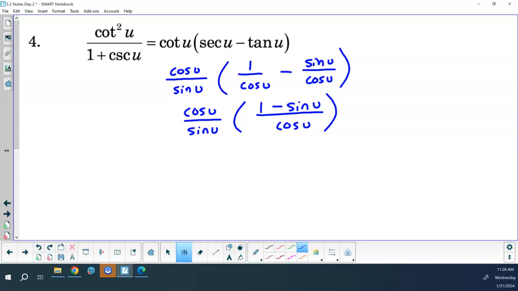Cosines kind of cancel each other out, right? Okay. But in this particular problem, resist the urge. Okay? Because then you're just going to get 1 minus sine over sine, which is just secant minus 1. Right? Okay? So can't do anything there.